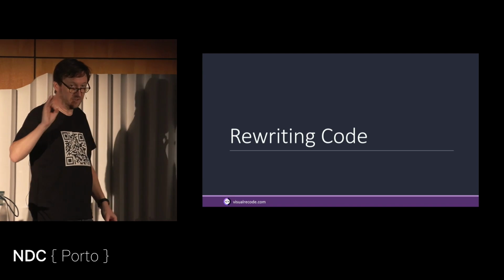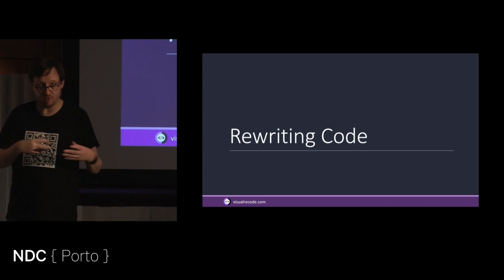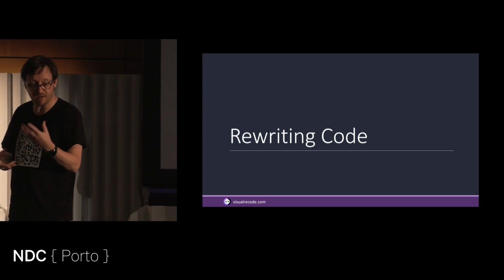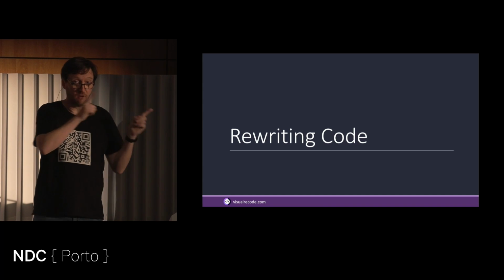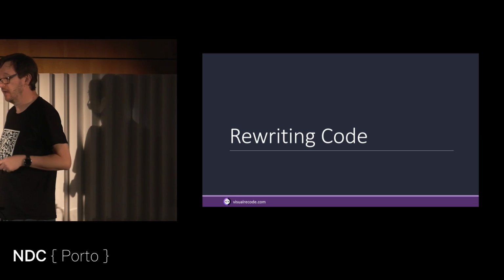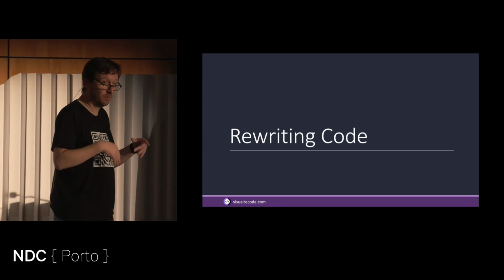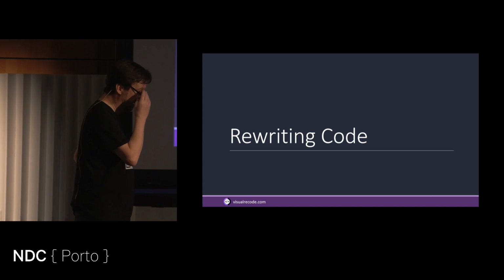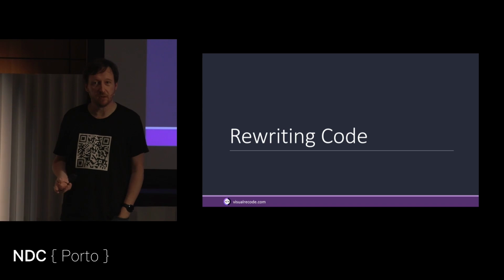So now we can understand code, we can read code, we can look at code, we can go hunting for patterns within code, we can write LINQ queries, and we can write walkers, not visitors, against our code. So now we get to the interesting bit. Can we rewrite code? And you're not going to automate yourself out of a job by doing this, by the way.